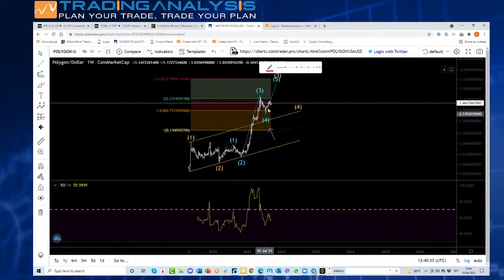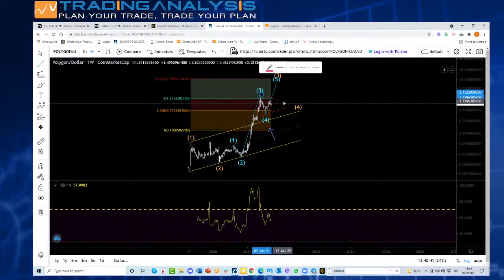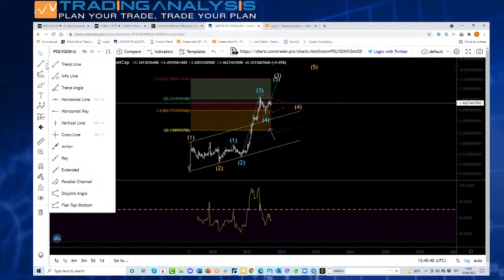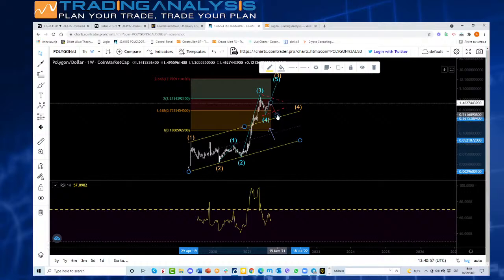Alternatively, I don't think MATIC will do something more of a correction, but in case we see something more exuberant, I will go for a triangle, but that is still very bullish, which means we're going to just stay a little bit more sideways and continue. And the worst case scenario will be we drop to this trend line and then we continue higher, which will be very welcome because I will buy a ton of MATIC here.